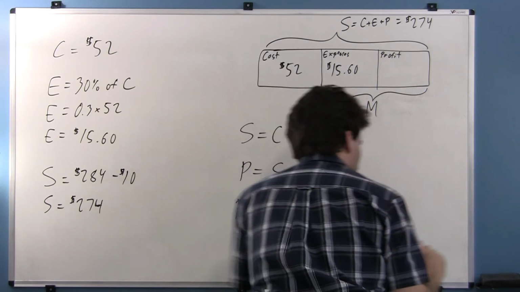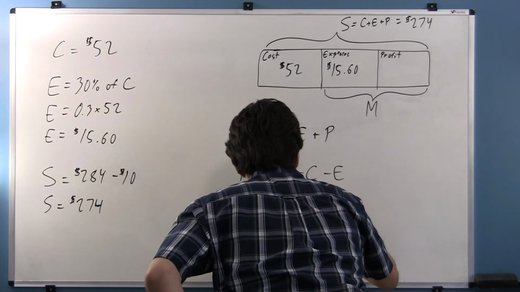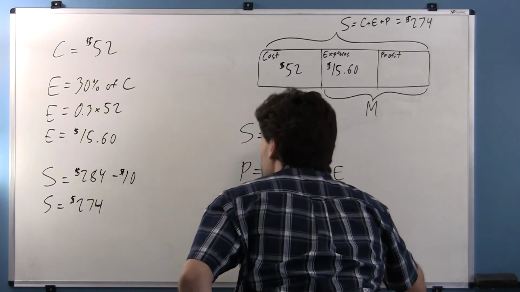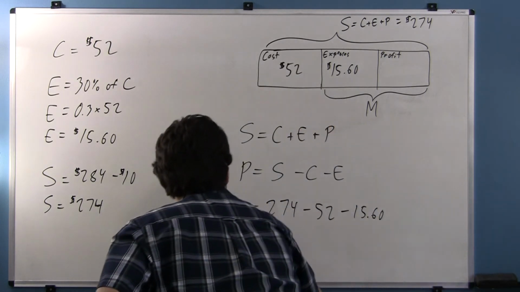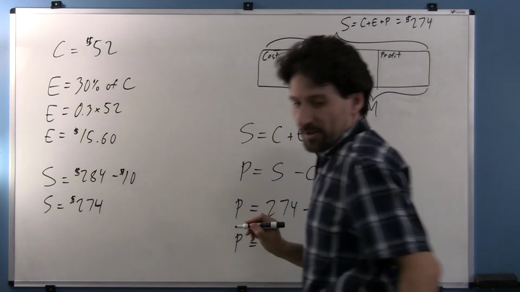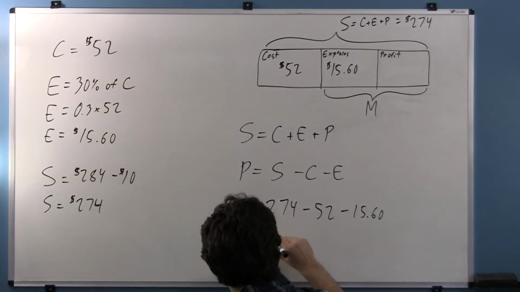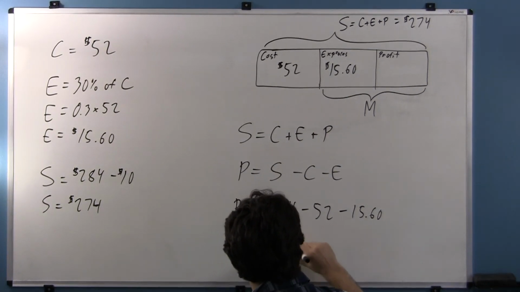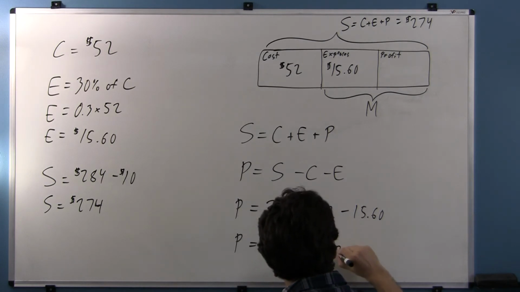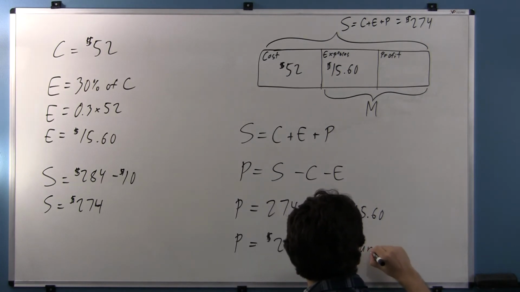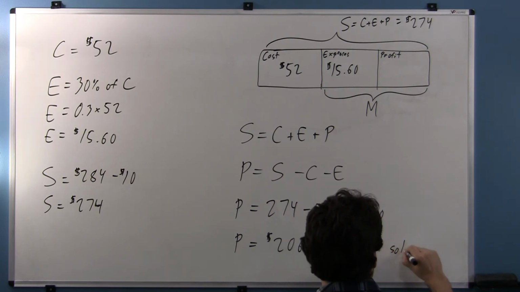So 274 minus $52 and minus $15.60 gives us a profit of $206.40 per unit sold, or per monitor.